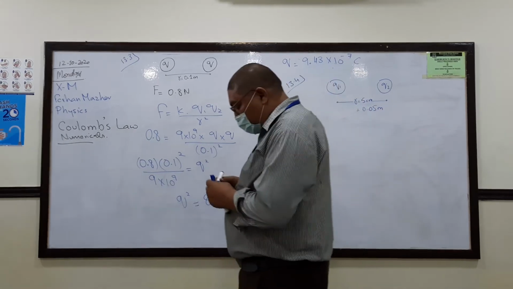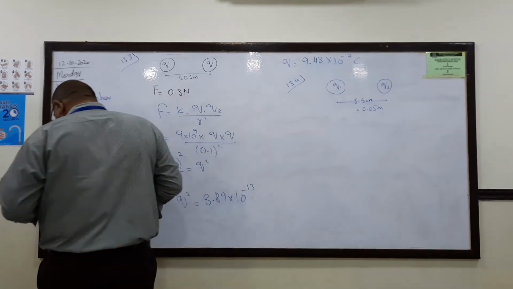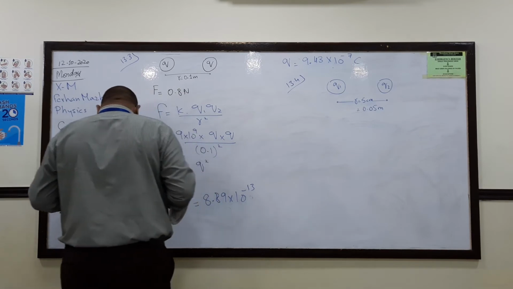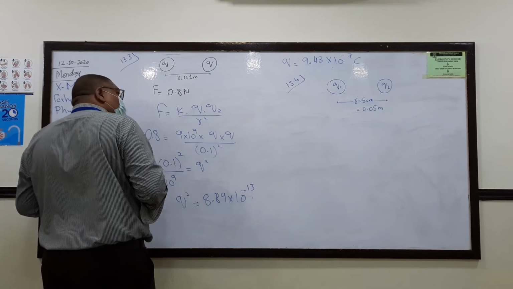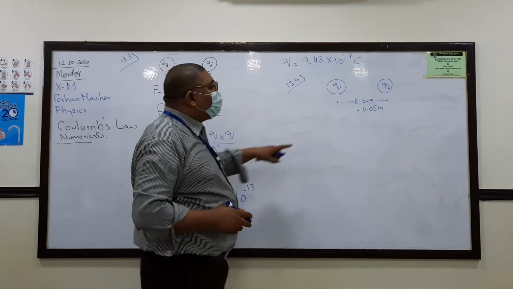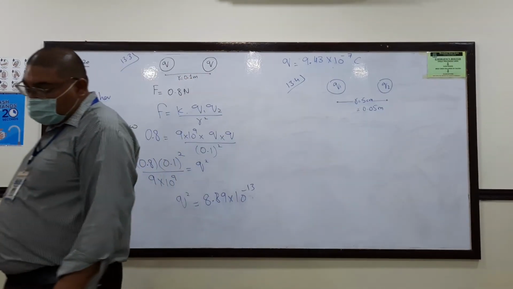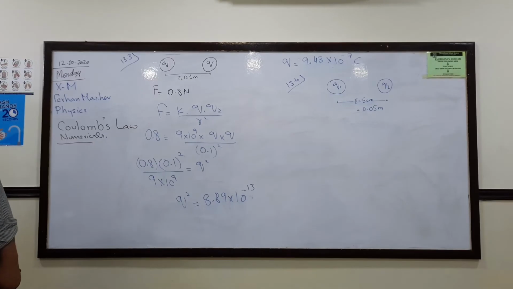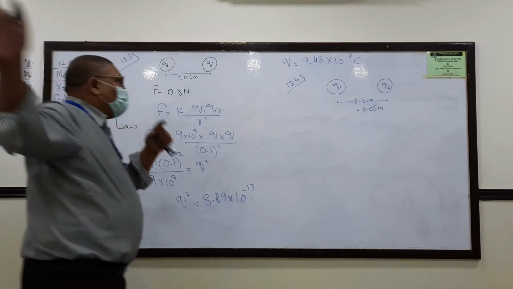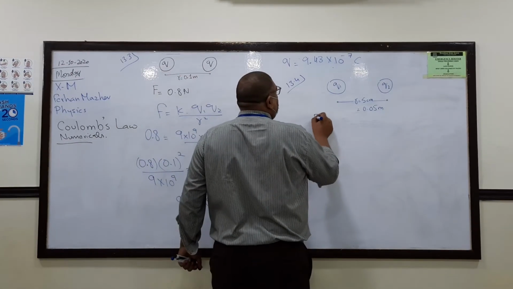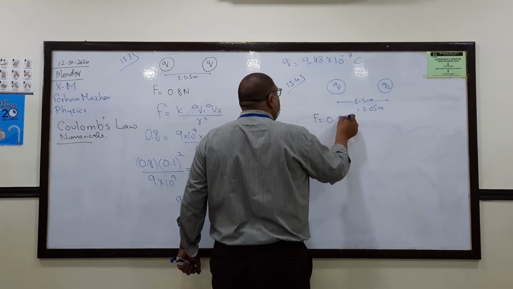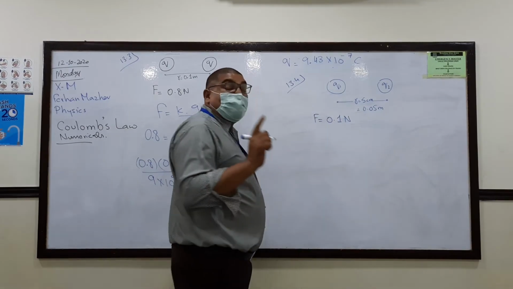Find the force between the same charges when they are 2 centimeters apart. But he told you what the force is when the distance is this much. Read it again. Two charges repel each other with a force of 0.1 Newton. Okay, the force is 0.1 Newton.